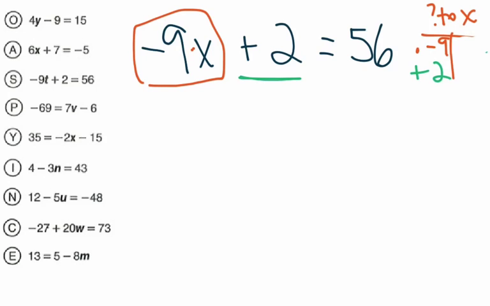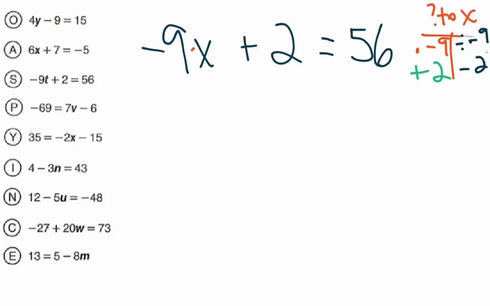Okay. So what we're going to do is divide by -9, because that's the opposite of multiplying by -9. And we're going to subtract 2, because that's the opposite of adding 2. So again, we're going to divide by -9 and subtract 2.